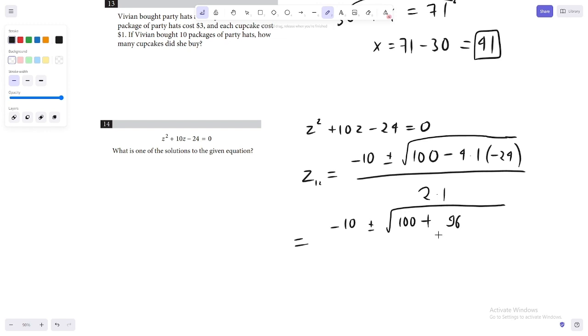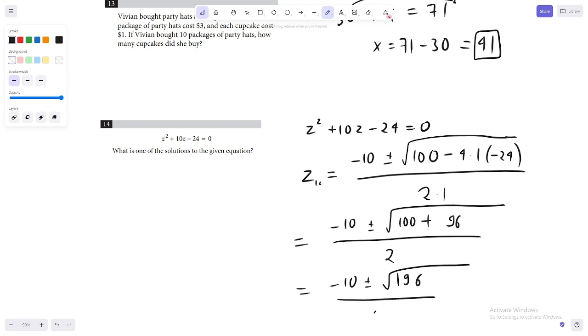Negative times negative, it makes a positive, divided by 2. So we get minus 10 plus or minus square root of 196 divided by 2.